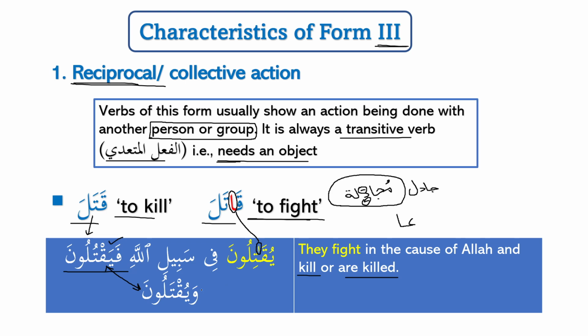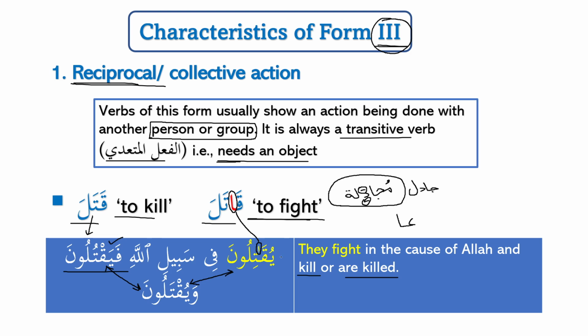What is the difference between yuqtaluna and yuqatiluna then? Yuqtaluna is the passive form of form number 1. Yuqatiluna is the active form of form number 3, as we can see over here.